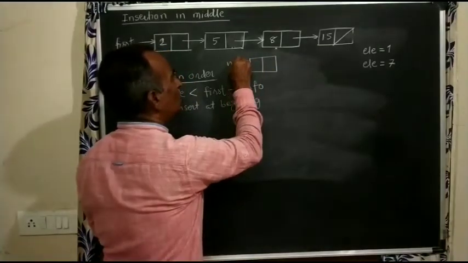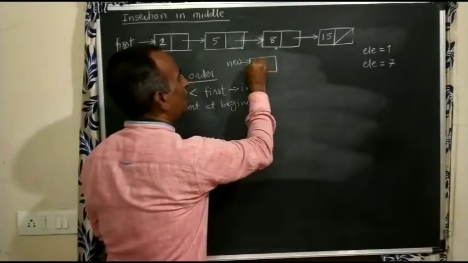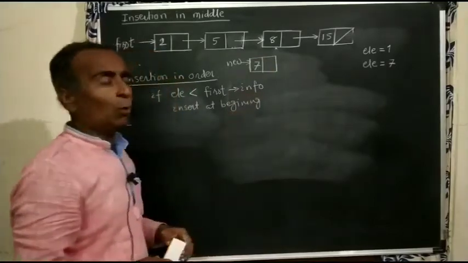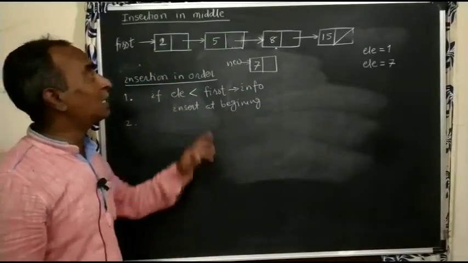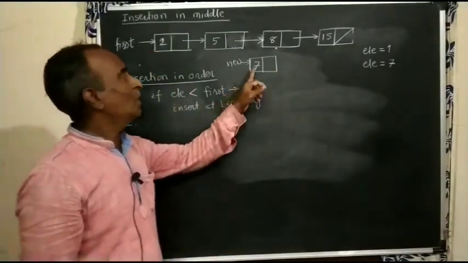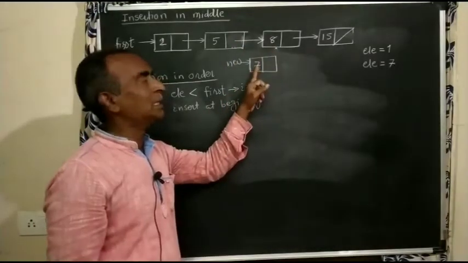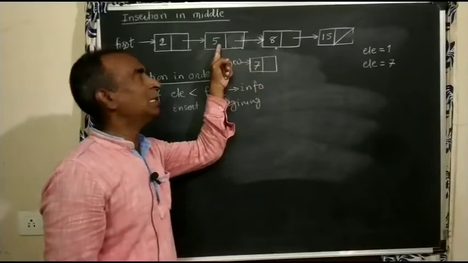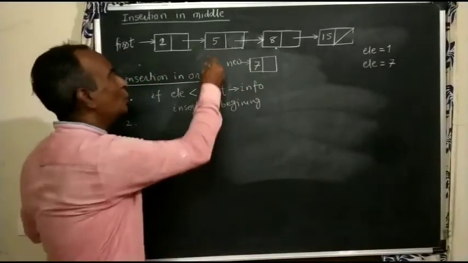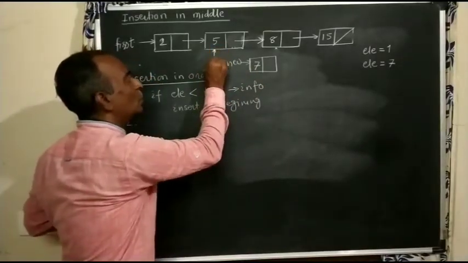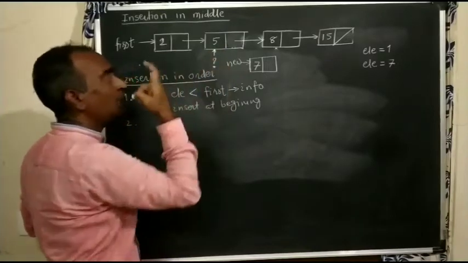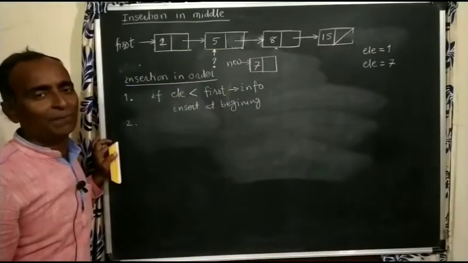This is new. The information field is set. Now, what you should always know is the predecessor node's address. Where you are inserting this node is in between this and this. What will be the predecessor for 7? Definitely this is 5. So you should have this node's address. What is this node's address?